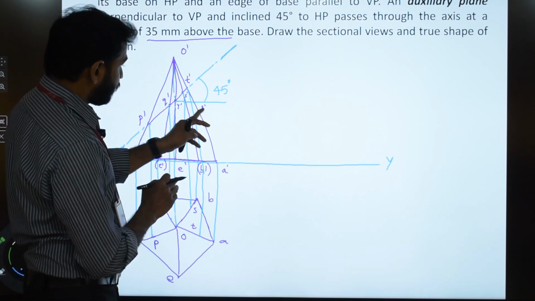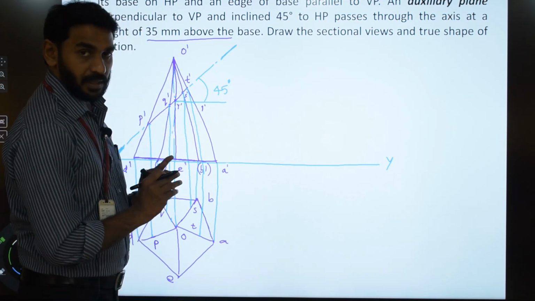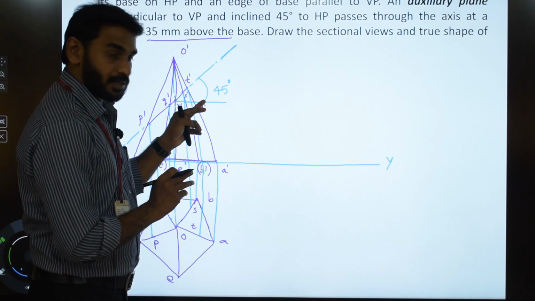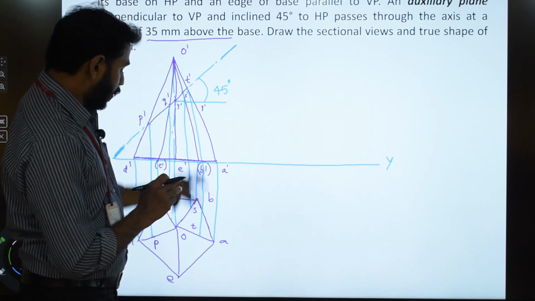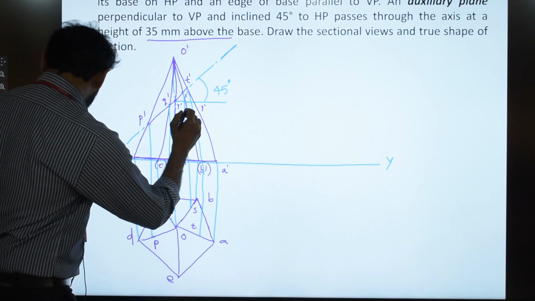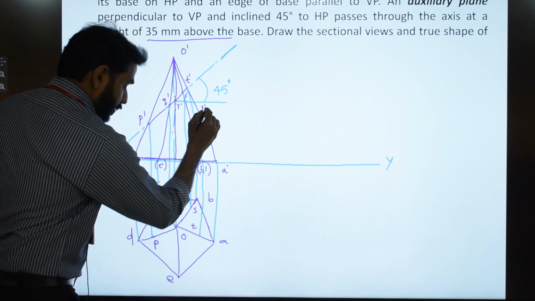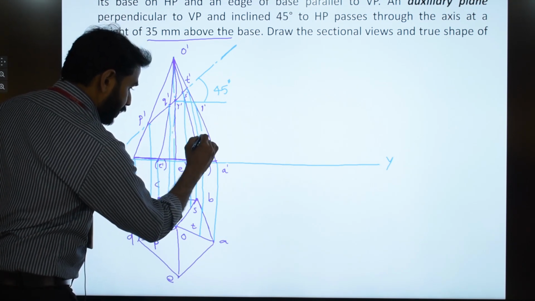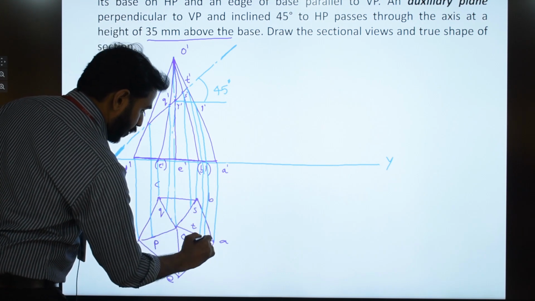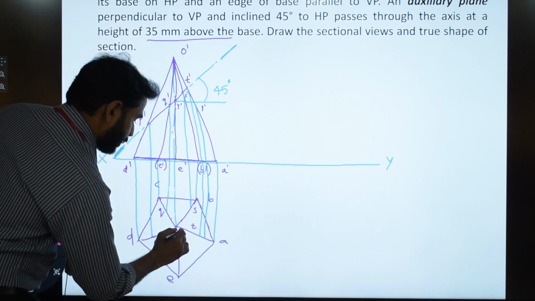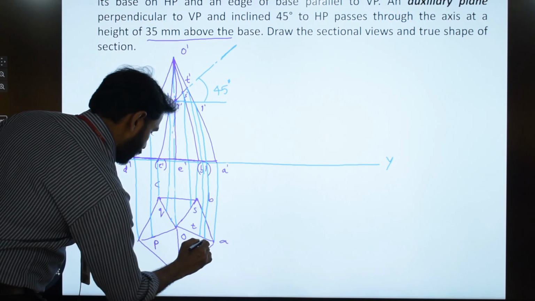Now where is 1 dash? 1 dash is on O dash A dash. Therefore the top view of 1 dash, which is 1, will be on OA. So from 1 dash we draw a projector onto OA to locate 1. So this is your 1.